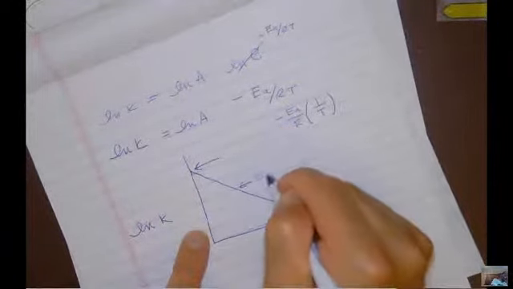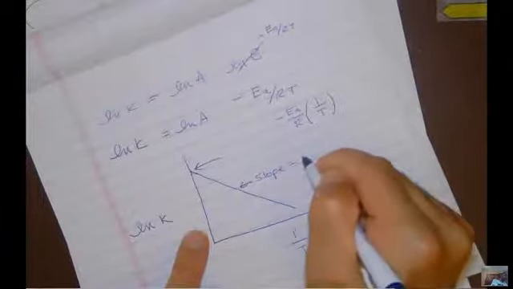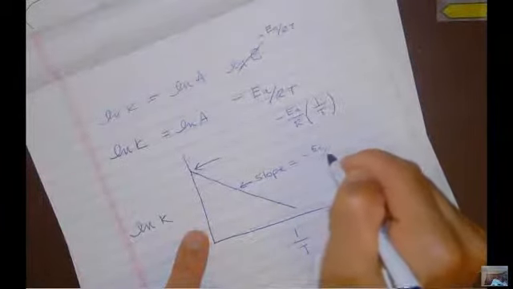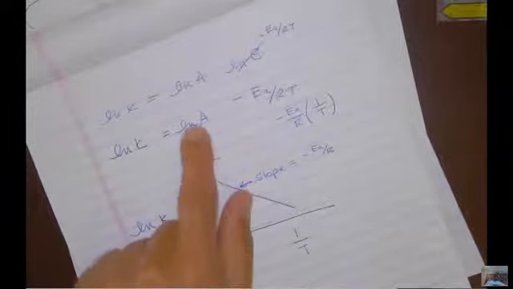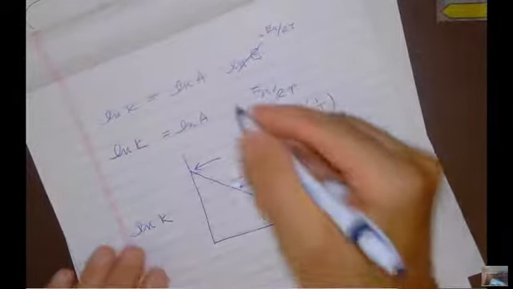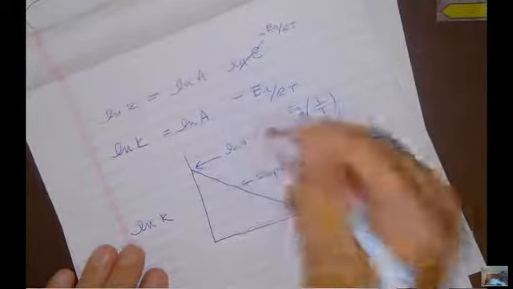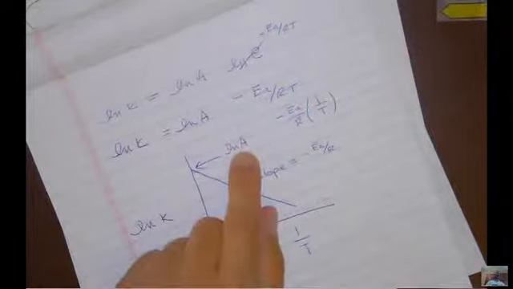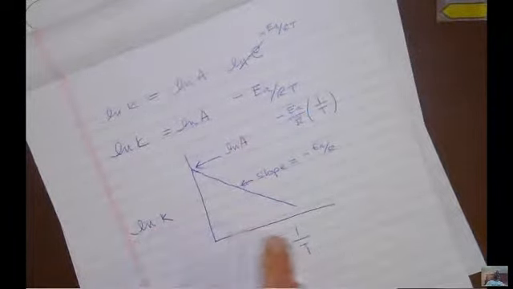The slope of this line would be minus EA over R, and the intercept would be ln of A. So this is how you can dig out the Arrhenius frequency factor by doing a macroscopic experiment.